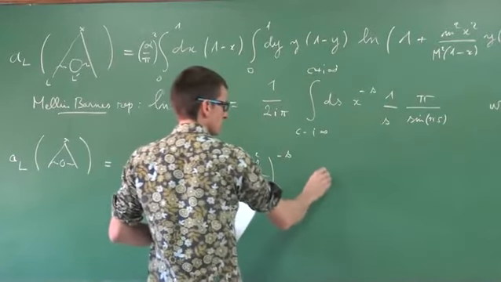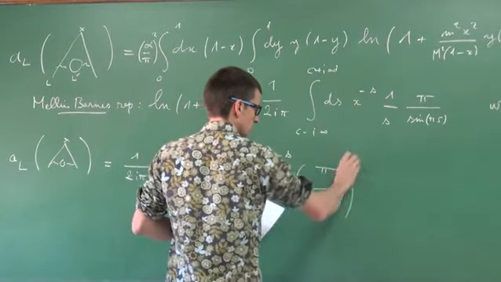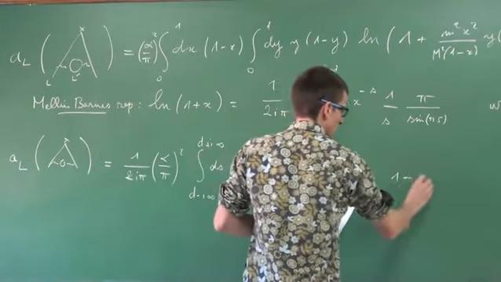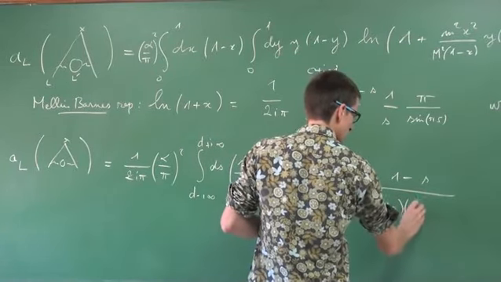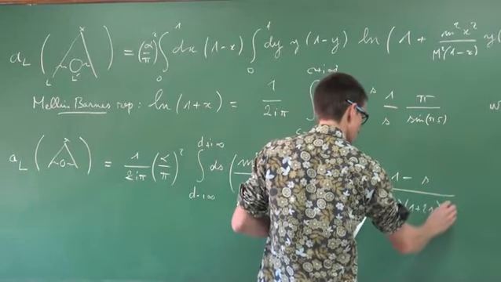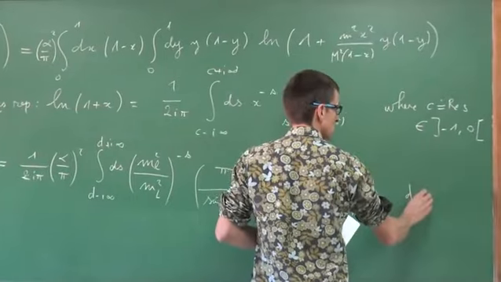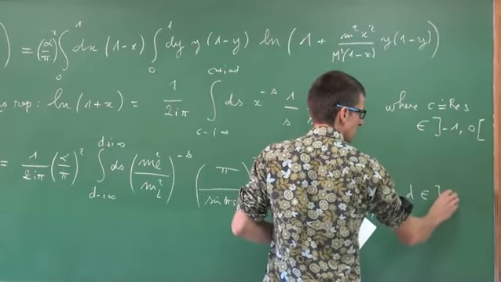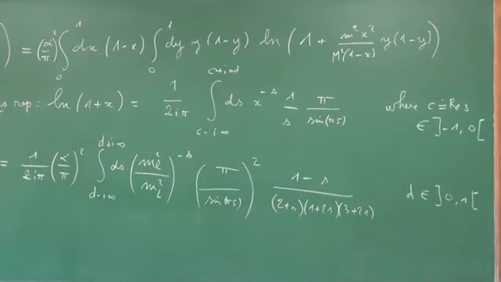Minus s divided by sine pi s squared times 1 minus s divided by 2 plus s times 1 plus 2s times 3 plus 2s. There are special functions, like the logarithms, which sometimes appear in loops.